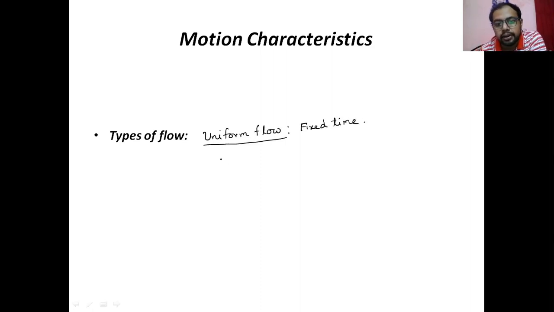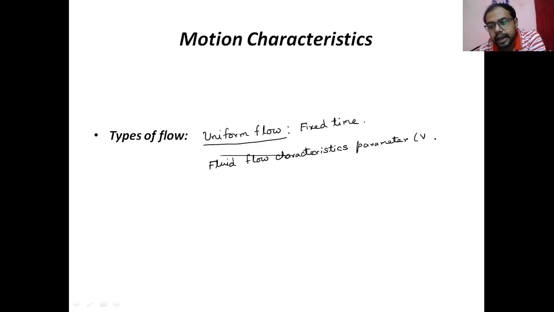And what you come to know is that the fluid flow characteristics parameter means same velocity and acceleration.